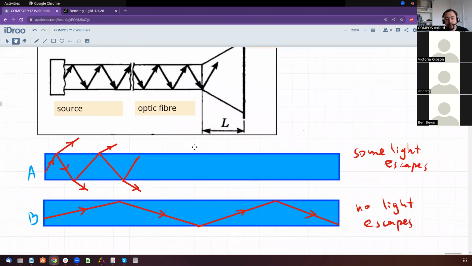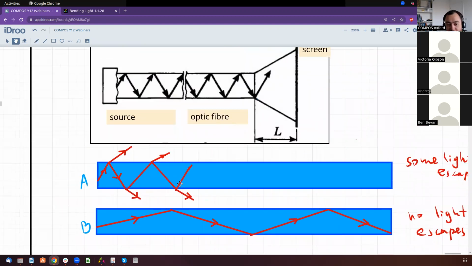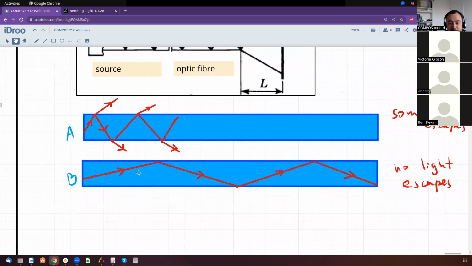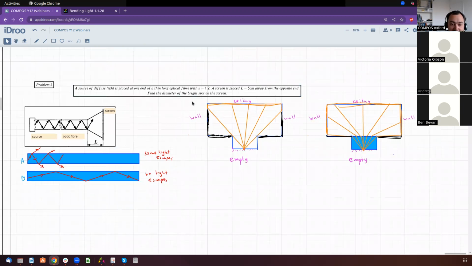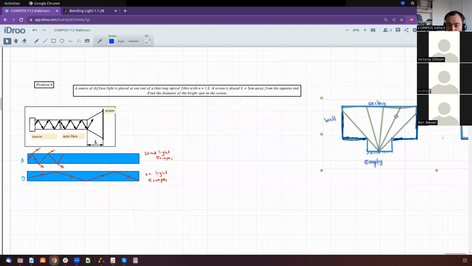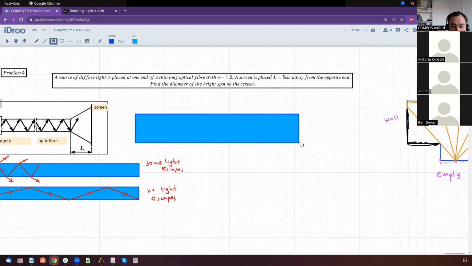So this is what's going on. Not all light is allowed to travel through the optical fiber. So inside the optical fiber, we will have light that is only traveling at specific angles. In particular, if we take an optical fiber, the light has to travel. It doesn't really matter how we draw it, but this angle, let's call this angle θ1.